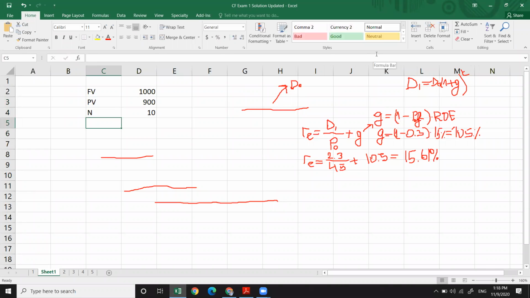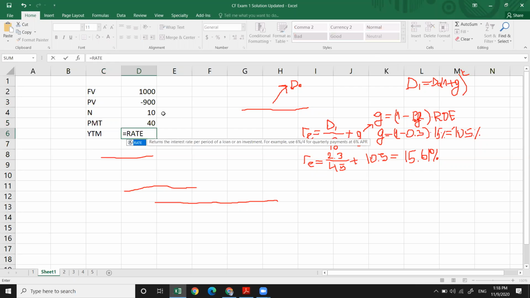And the payment, PMT, is 40. And you need to calculate the rate, the YTM. And one more thing, make this present value negative, which is what Excel requires for the computation. So the rate, number of periods is 10, payment is 40, present value is 900, and face value is this. You close the bracket.